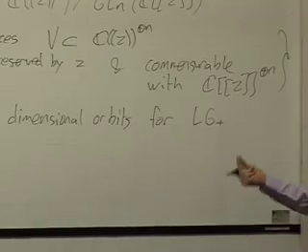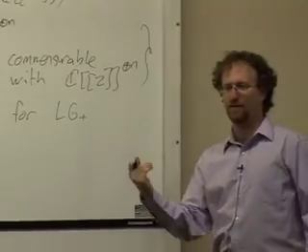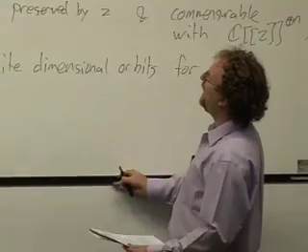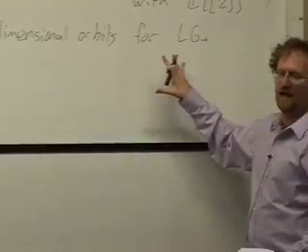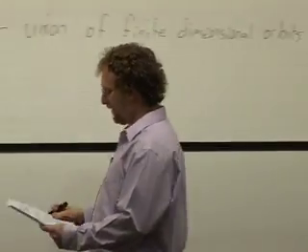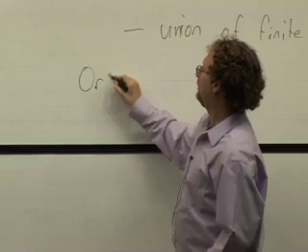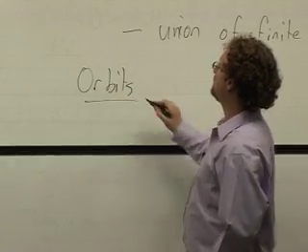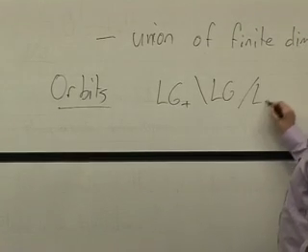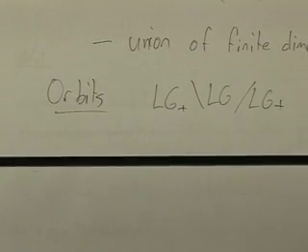For example, it has a base point which is fixed by LG plus, and every other orbit differs by it by a finite amount. So these are all finite dimensional orbits. But it's not going to be enough for us to just say it is a union of finite dimensional orbits. I want to say, what are the actual orbits? What do the orbits look like? So let's try to describe what are the orbits. In other words, what are the double cosets? What's the set of orbit look like?